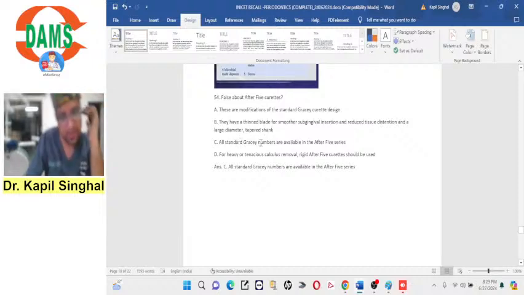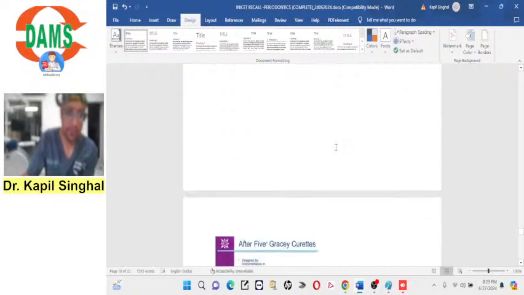This is correct. The third option says all Gracey numbers are available in the After Five series. This is wrong because we know #9/10 is not available in After Five curettes. The last option says that for removing heavy and tenacious calculus, After Five curettes are used. This is correct. So the correct answer here would be option C.